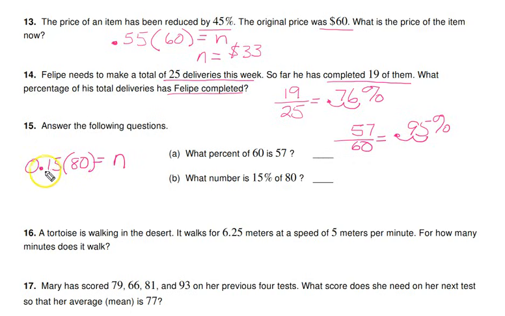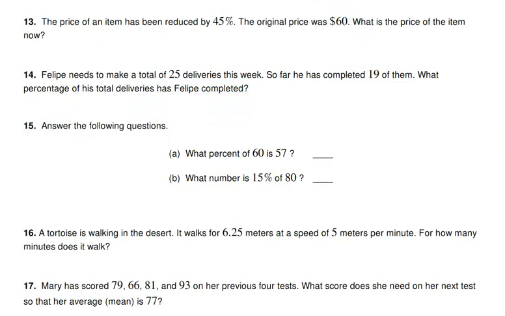Well, when you do that, put 0.15 times 80, you get 12. All right, these are some easy ones, just taking your time to understand what's going on here. All right, let's raise it up a little.